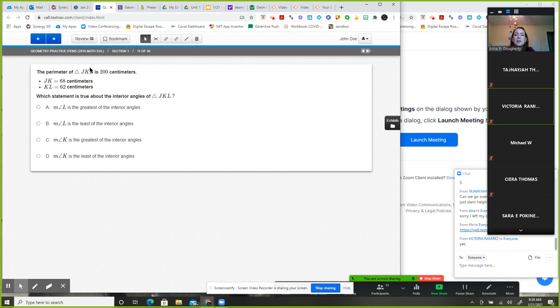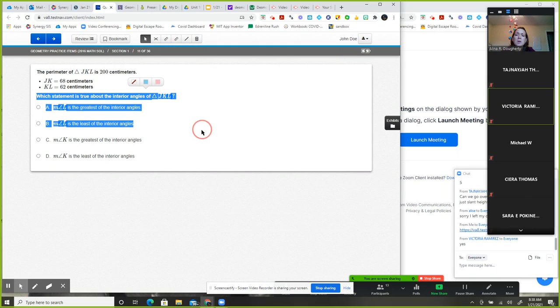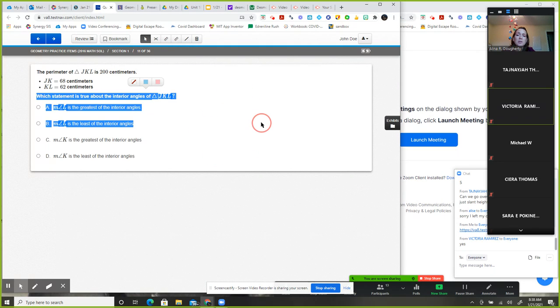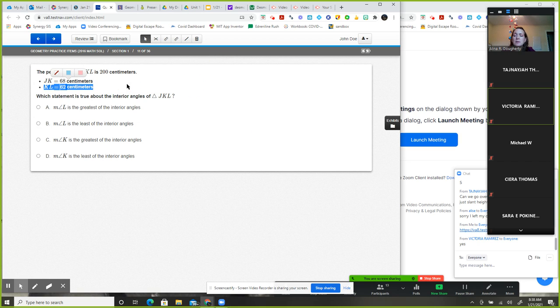If you don't have a picture, draw one. You're not going to have any drawing tools on this, so this is where you're going to have to use scratch paper. Get out your scratch paper, draw your triangle, and label it JKL. The perimeter equals 200.